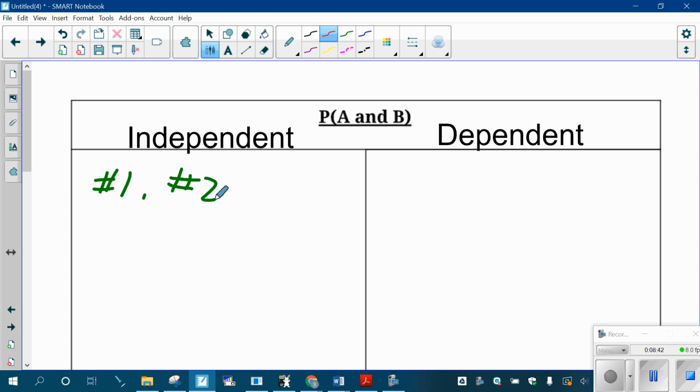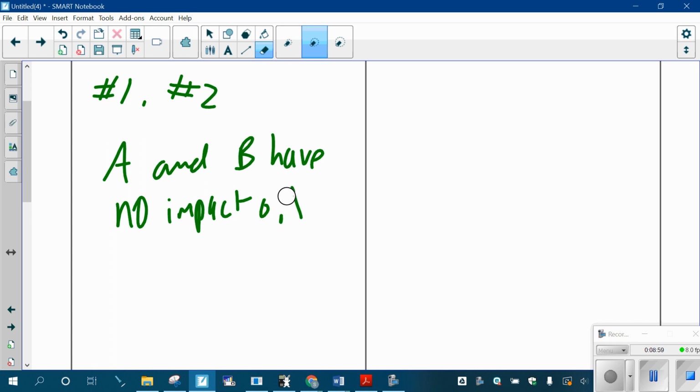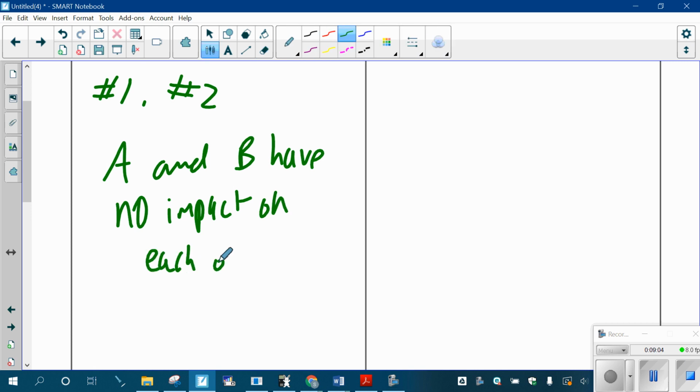The reason the events are called independent is those 2 things, A and B, have no impact on each other. So if you want to know the probability of those 2 things, you just multiply them together. What happens in one event has no impact on the other one. That's why they call them independent events.